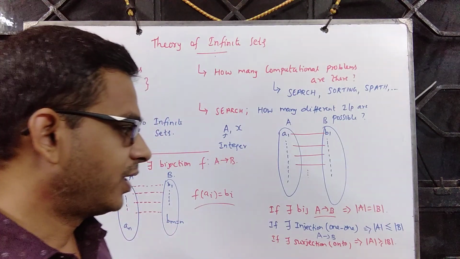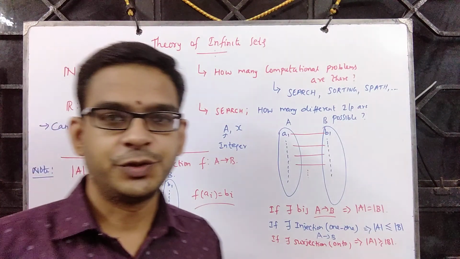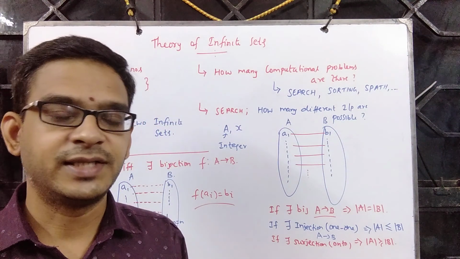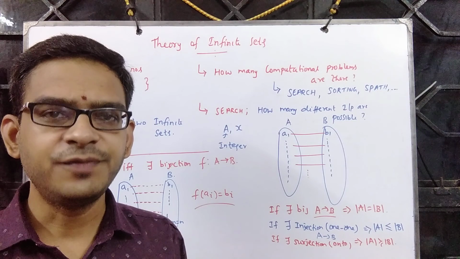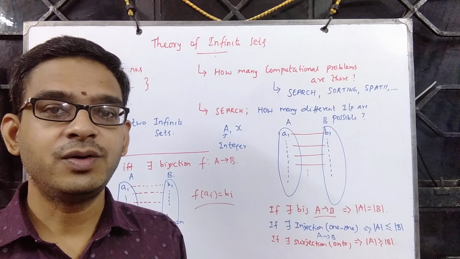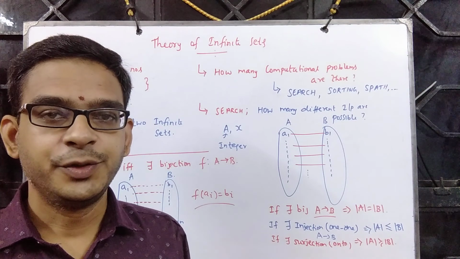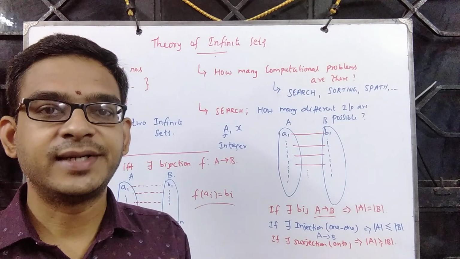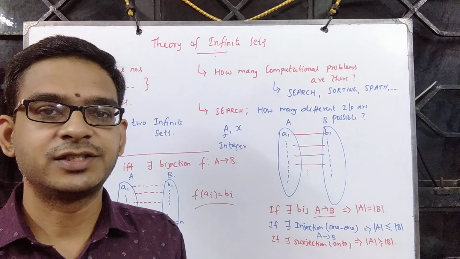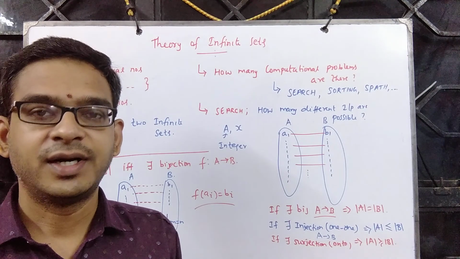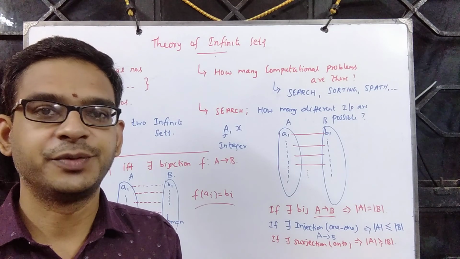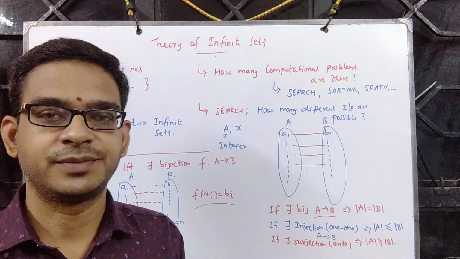There are a couple of things that one should note. When we study in the context of finite sets, often intuition and logic go hand in hand. You intuitively think the set A is larger than B, and you see that the logic also matches your thought process.